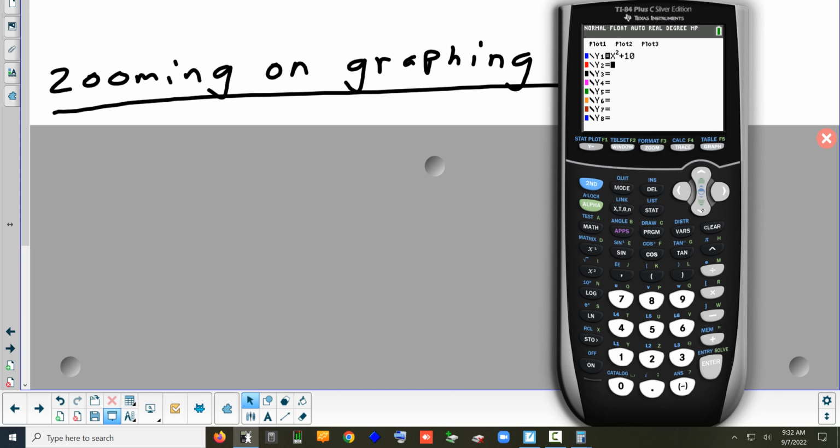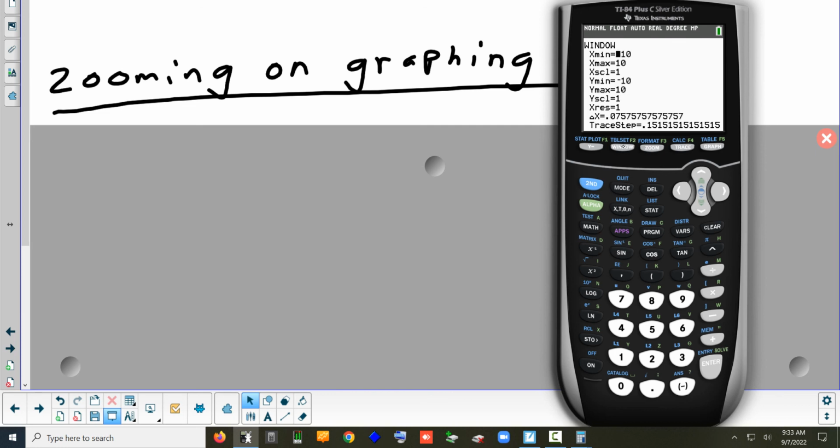All right. Now, I want you to press the window button. The window is where we control how much of the screen you want to see. The standard window is -10 to 10 on the X and -10 to 10 on the Y. I want to leave it just like that. If yours is not set for a standard window, that's fine.